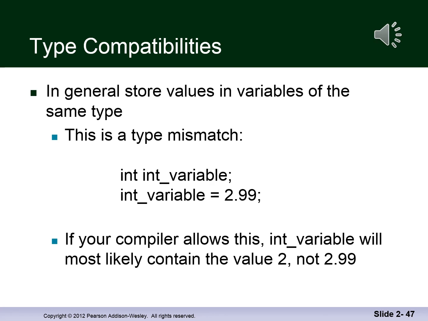Now, you might be thinking, well, ints are whole numbers, so that'll probably round that off to 3. It won't. It will truncate everything to the right of the 2, because it only accepts whole numbers, and it will most likely store the value 2, which is totally incorrect.